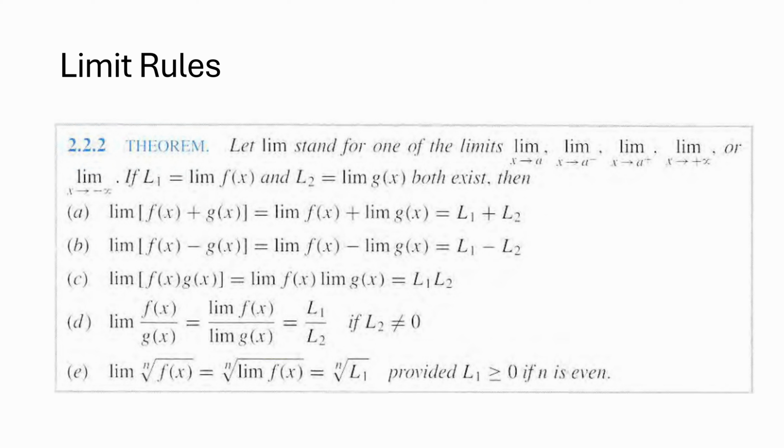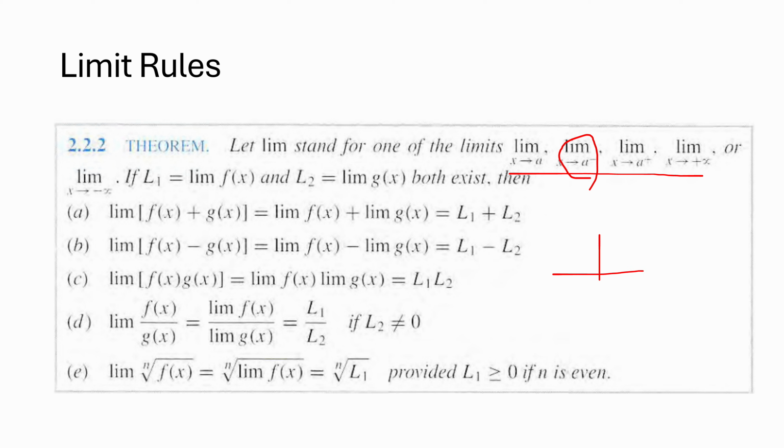So the limit rules, they may seem self-explanatory, but still let's go over the rules. Let lim stand for one of the limits: limit as x goes to a, limit as x goes to a minus, which we'll learn later in this lecture.